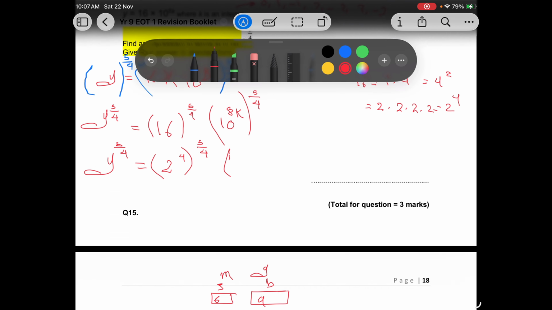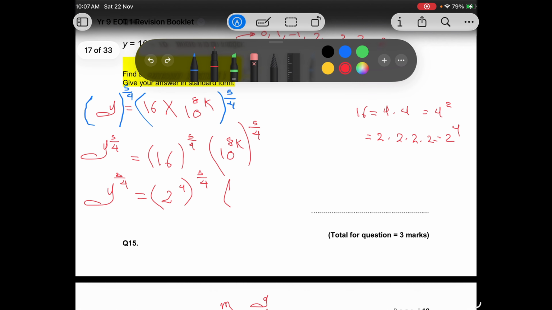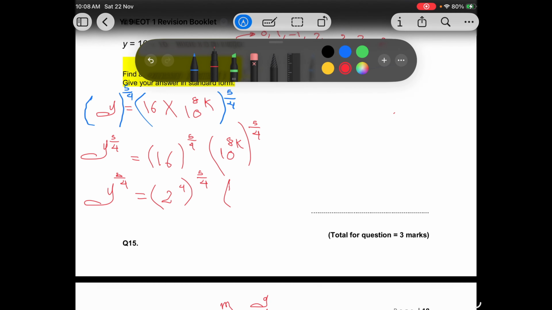And here I can just multiply these two guys. What if you multiply 8k by 5 over 4? Let me do it here aside. I will clean this and give myself more room. So I have 8k times 5 over 4.